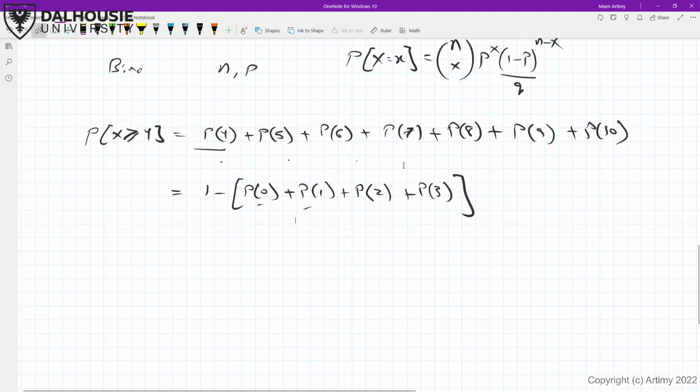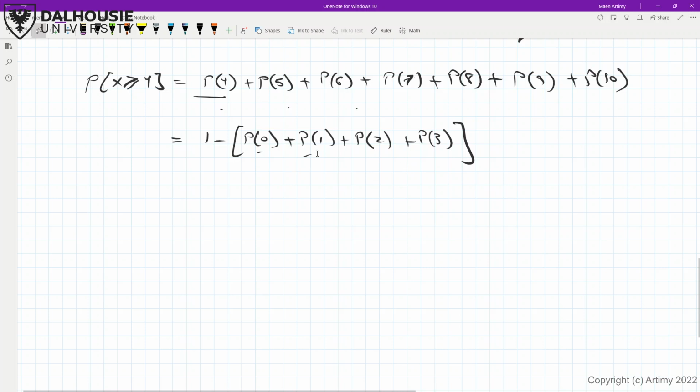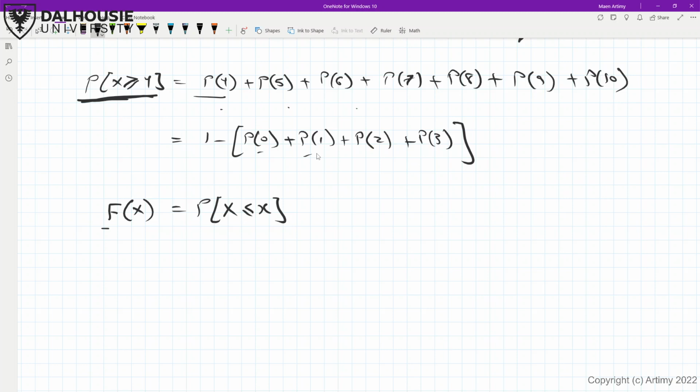But remember, last time we talked about the cumulative distribution function, and we said that F of x represents the probability of X less than or equal to x. So if I want to find the probability of x greater than or equal to 4, it's maybe easier to use the CDF.